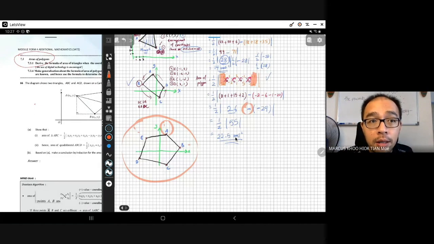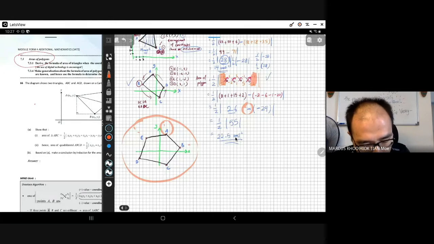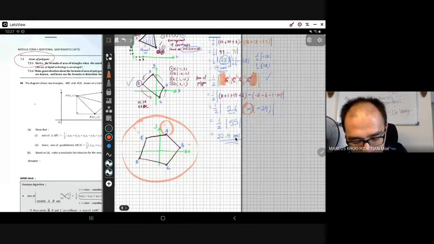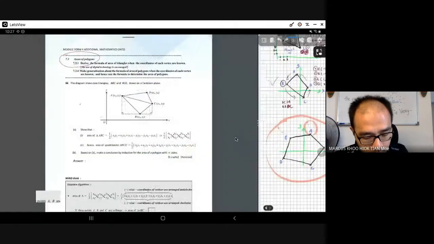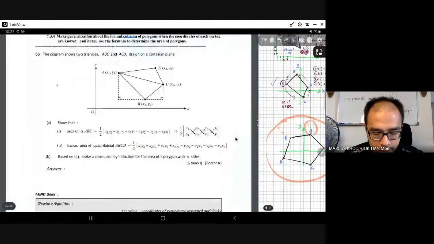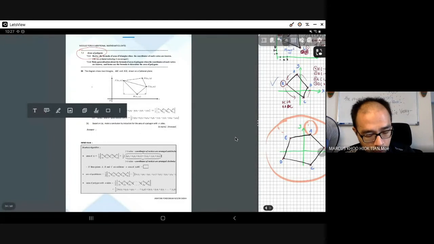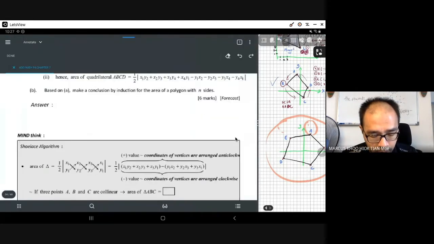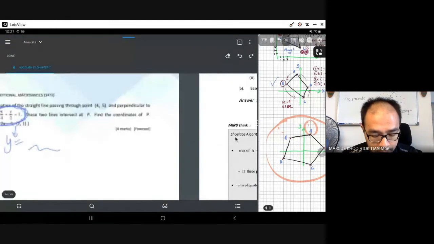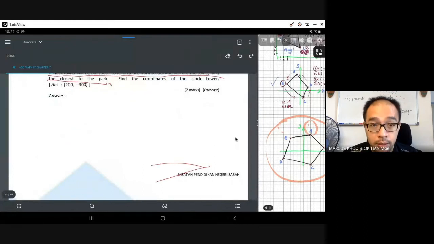Now let's take a look at your module. Over here, it shows the same thing. This one is very long but not so important.